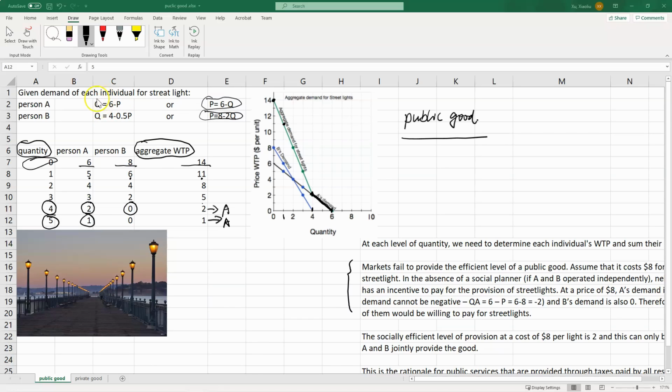So the QA would be 0. And QB would be equal to 4 minus 0.5 times 8, which would also be 0. So that means if the price of street light is equal to 8, then neither of them would be willing to pay for the street lights. So that is the market failure.